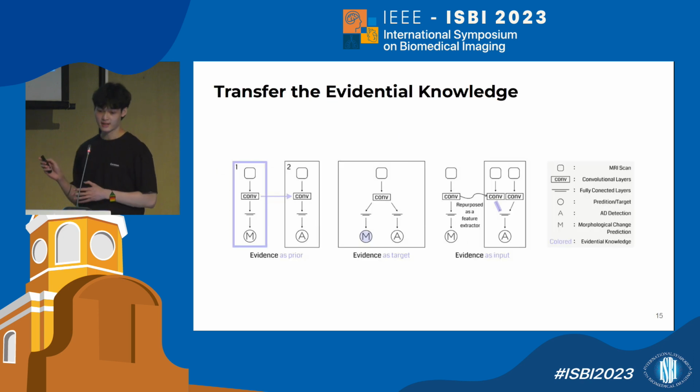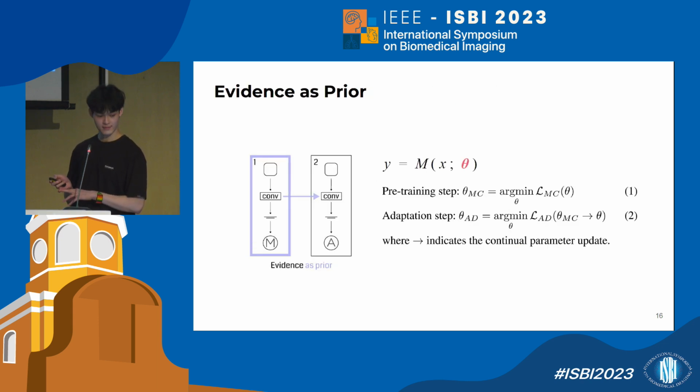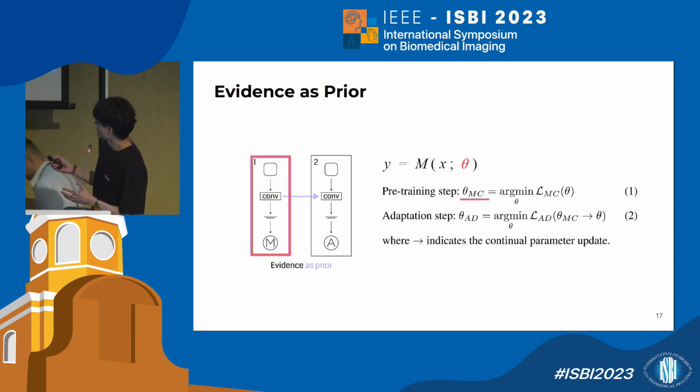With that in mind, allow me to elaborate how we transfer the evidential knowledge to AD detection as model prior, target, and input. The first setting is evidence as prior, where we first train the model on the MC prediction task.